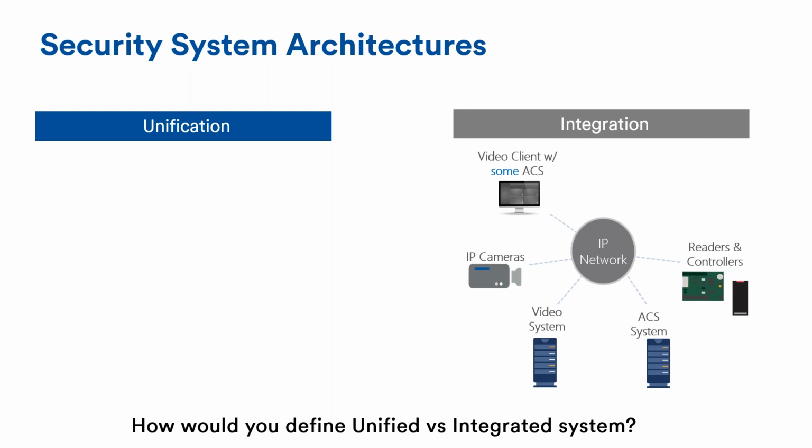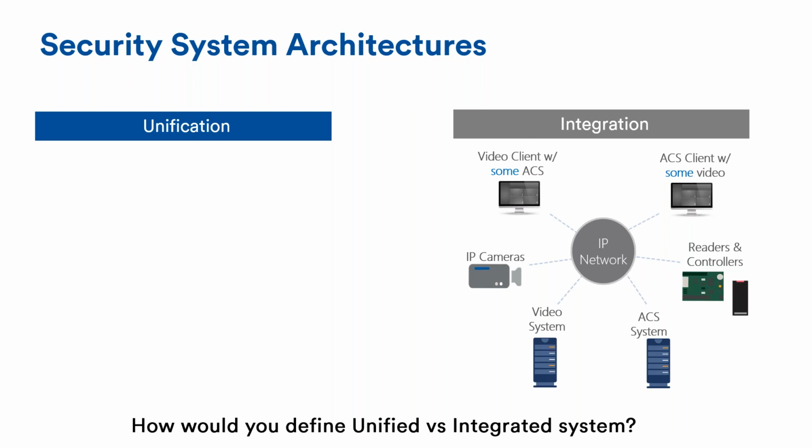Now, provided there is an integration between the video system and the access control system, we'll be able to pull some of the data from the access control system into our video client software. And vice versa, if we have an access control management system, a client software for that, that may have some sort of integration with the video system to be able to pull video data related to the access control system.